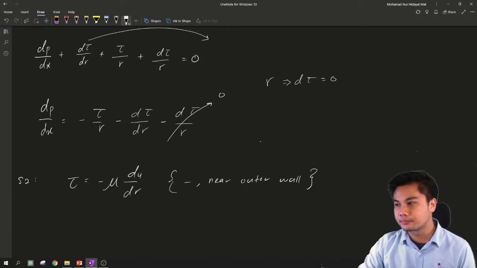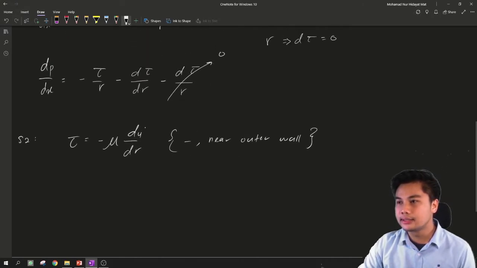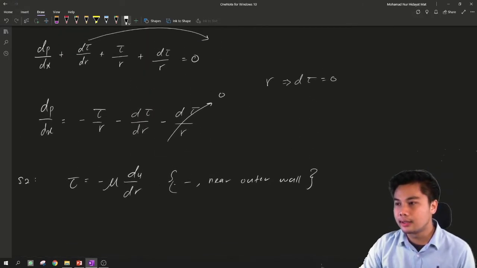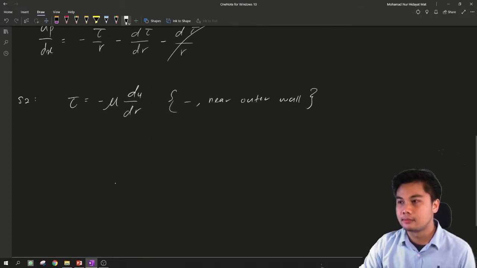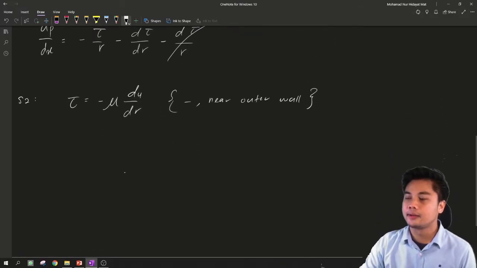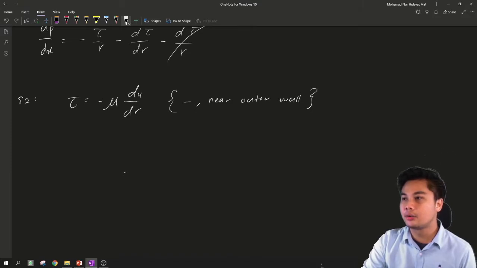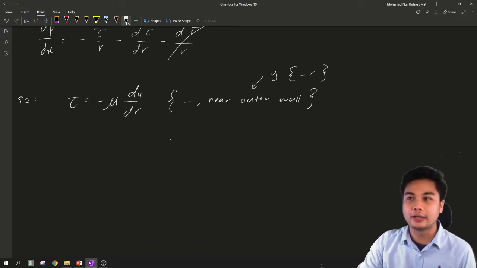It is to give this value to become positive back. Because this is r, when it is near, normally near refers to y. When we refer to r, it should be negative r. So that's why negative goes outside.